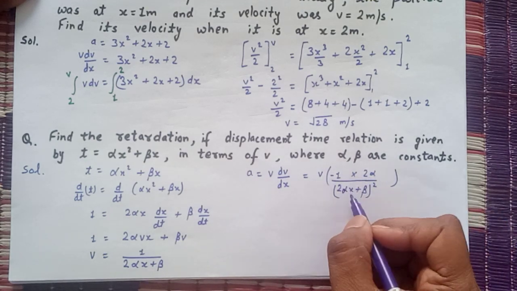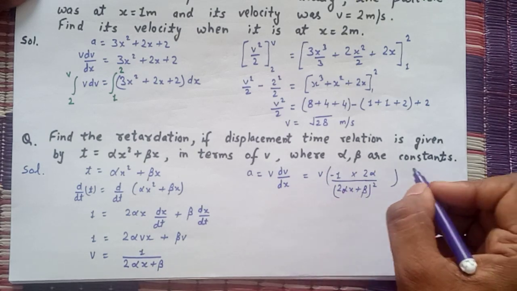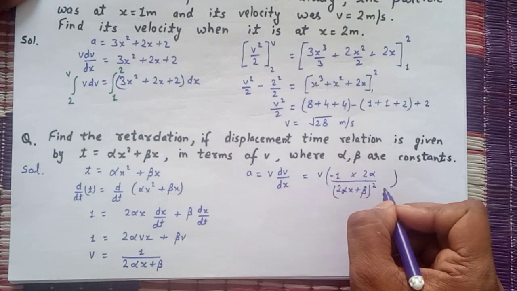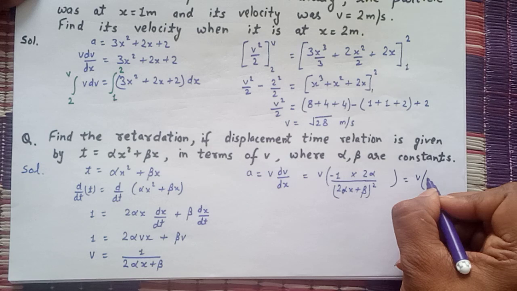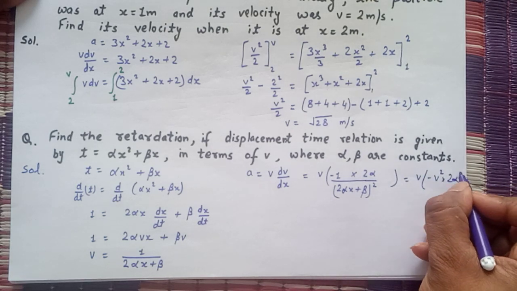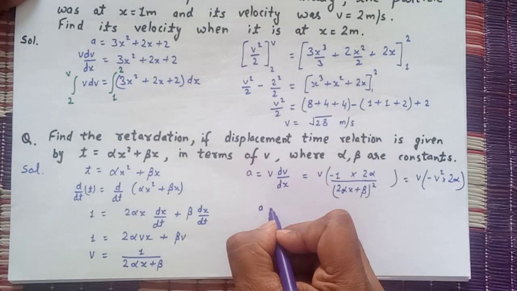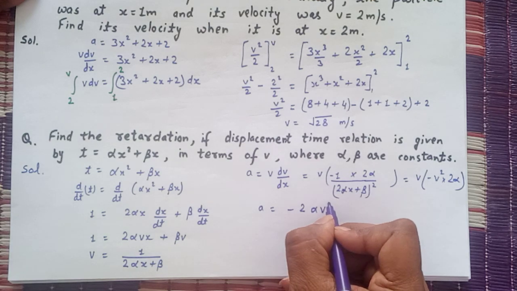Now 1 upon (2αx + β) is v, so that squared will be 1 upon v². So it will be v multiplied by minus v² into 2α, since v was 1 upon (2αx + β). So acceleration will be minus 2αv³.